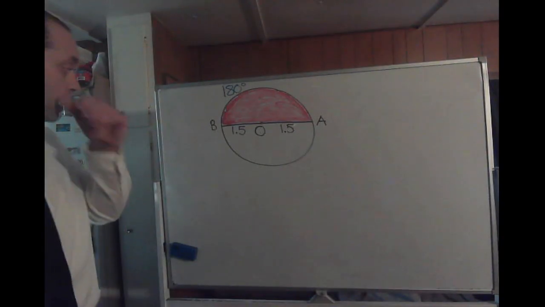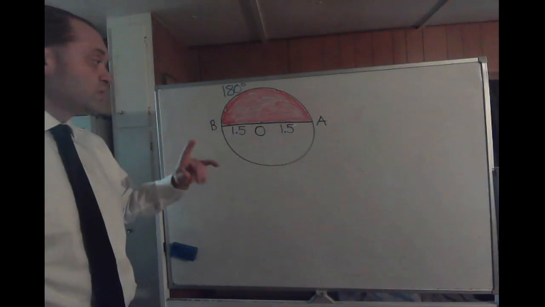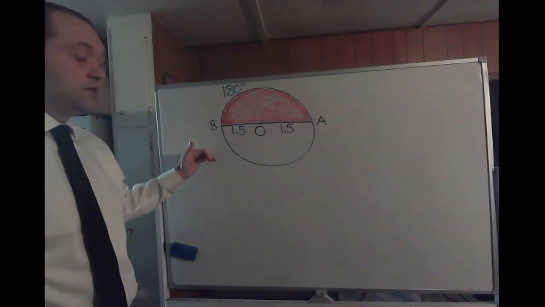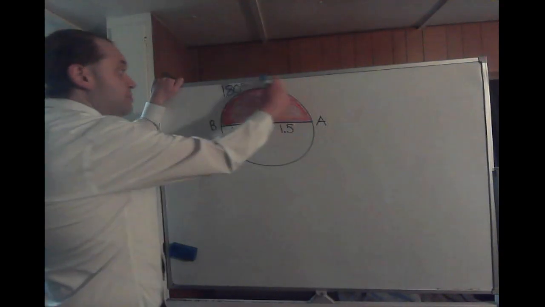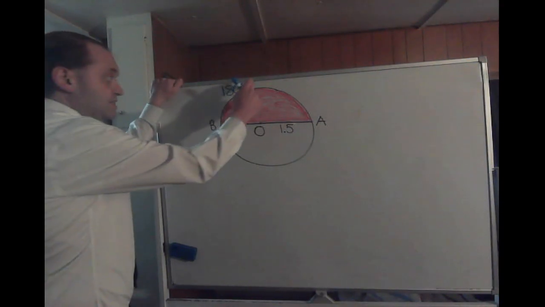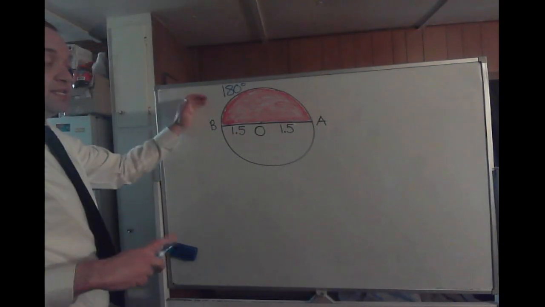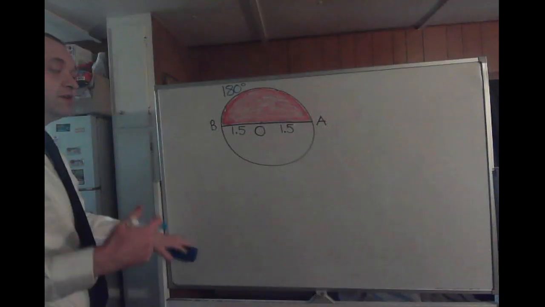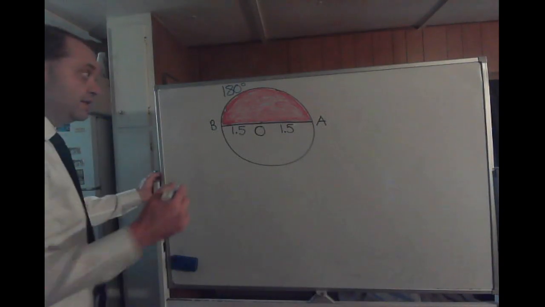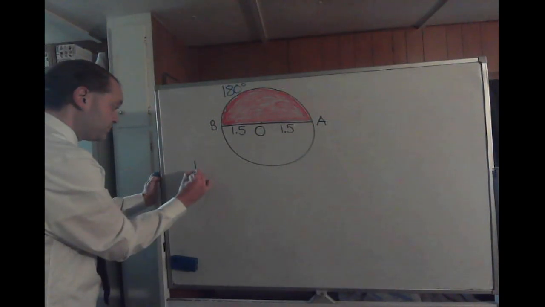Alright, so we have again circle O. We would end up having here, of course, arc AB has a measure of 180 degrees, so that's half the circle. Each radius is 1.5. So let's find the length of arc AB.